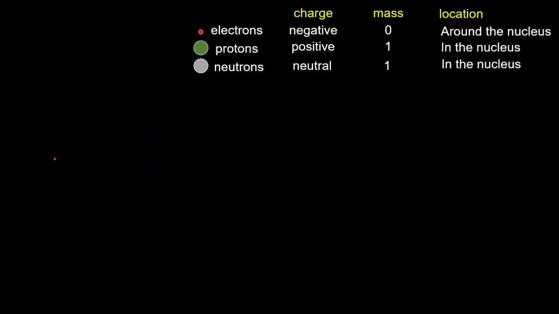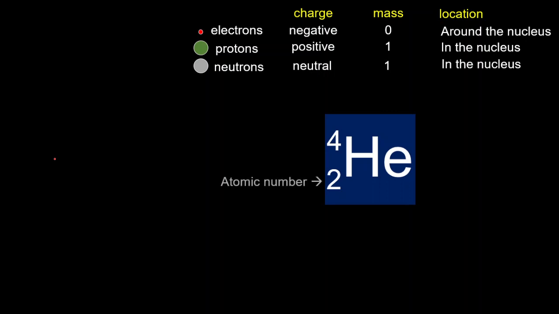In your table of elements, you can see the atomic number and the mass number. These numbers will help you identify the number of electrons, protons, and neutrons in an atom. First, the atomic number will tell you the number of protons in an atom. In this case, we have helium, atomic number 2.